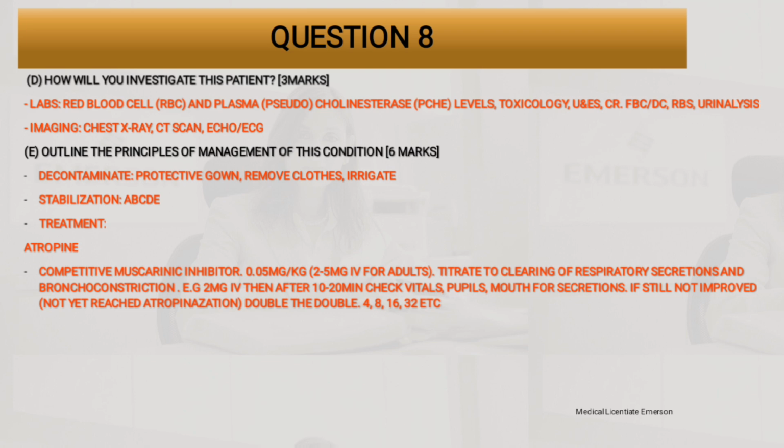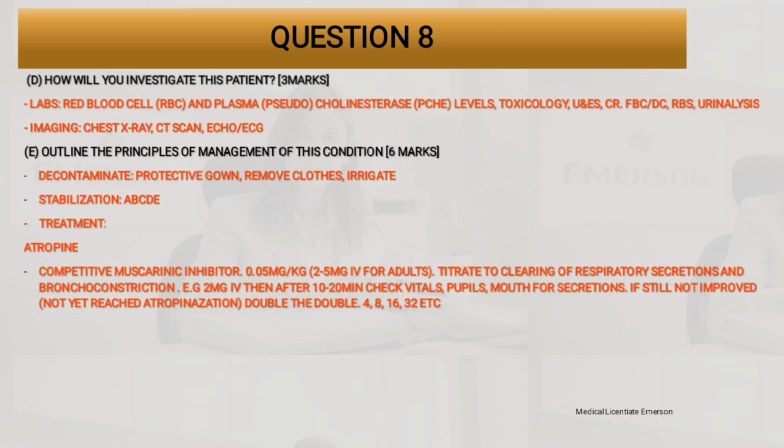Then you have to titrate to clearing of respiratory secretions. Like I said, giving fluids without restrictions will end up causing more respiratory secretions and more damage without adding something to treat them.